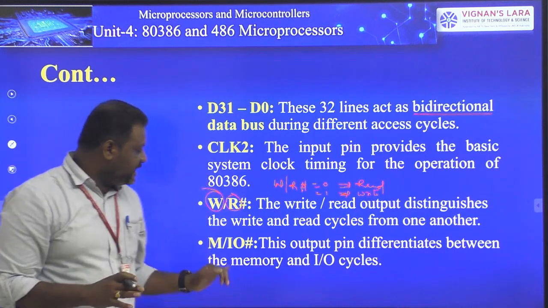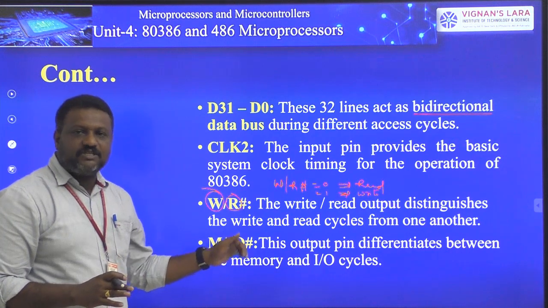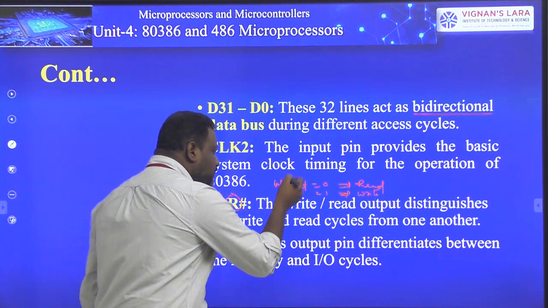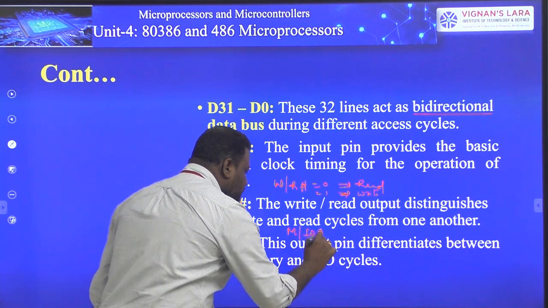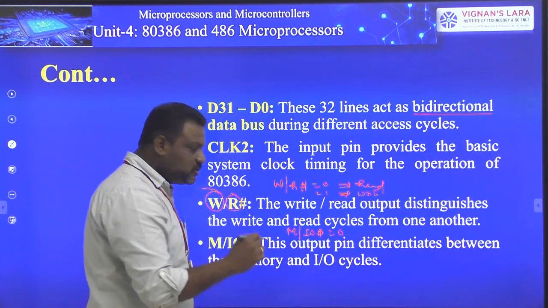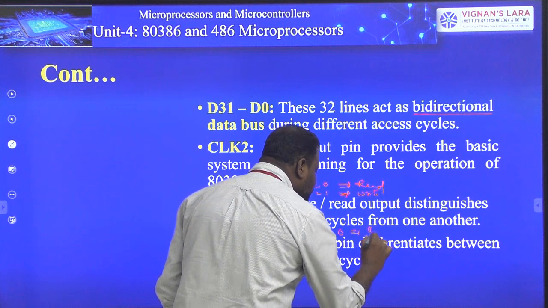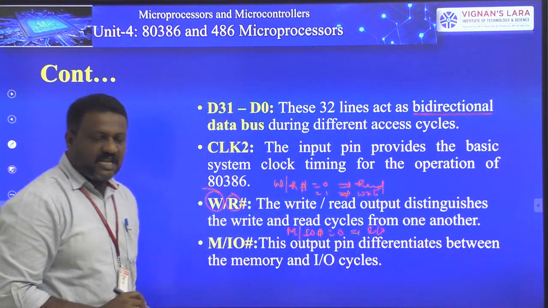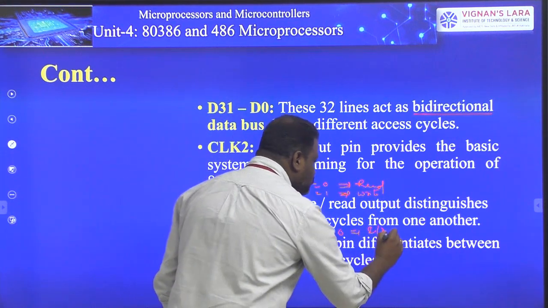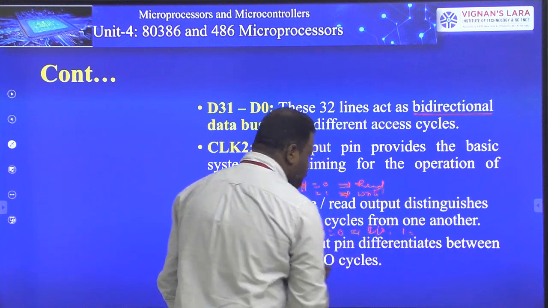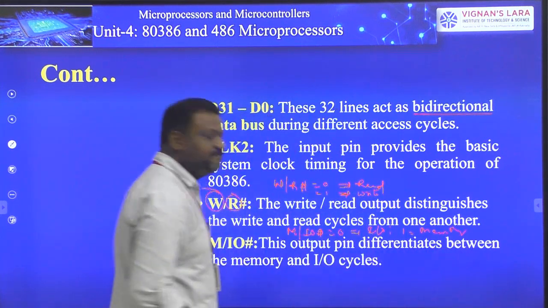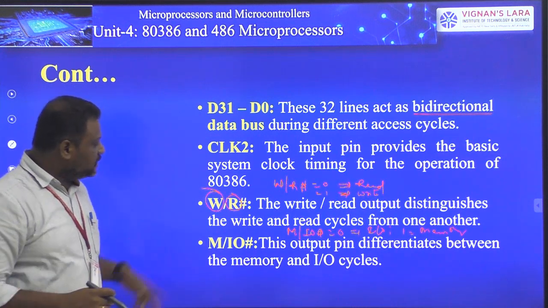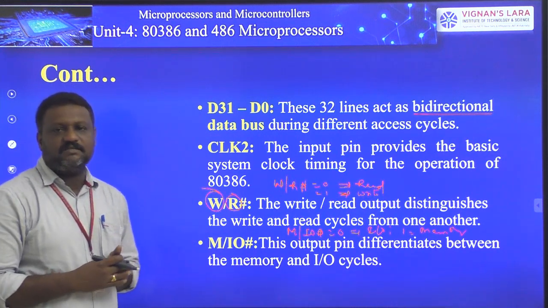So that is indicated by the signal M/IO hash. Similar to the previous case, if M/IO hash is equal to 0, the processor is now communicating with I/O devices. If the same signal is equal to 1, then our processor is communicating with memory. So this is a control signal and this is a status signal.